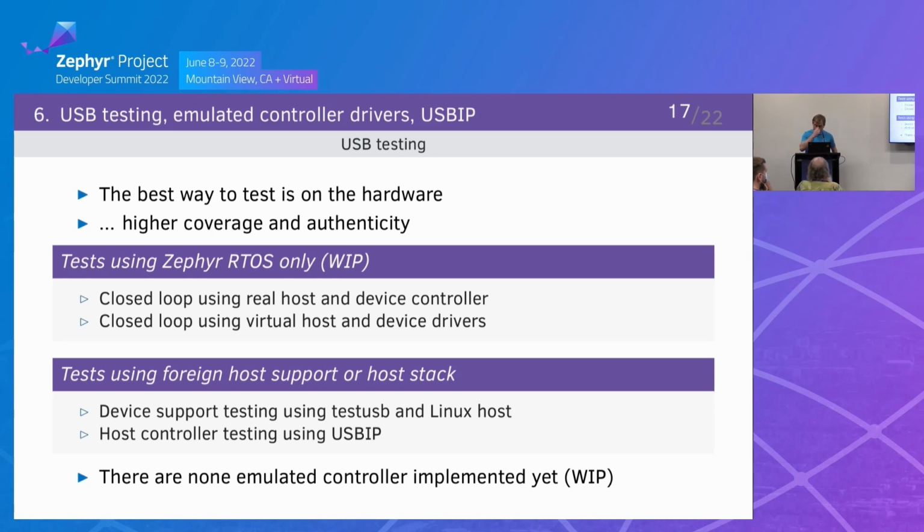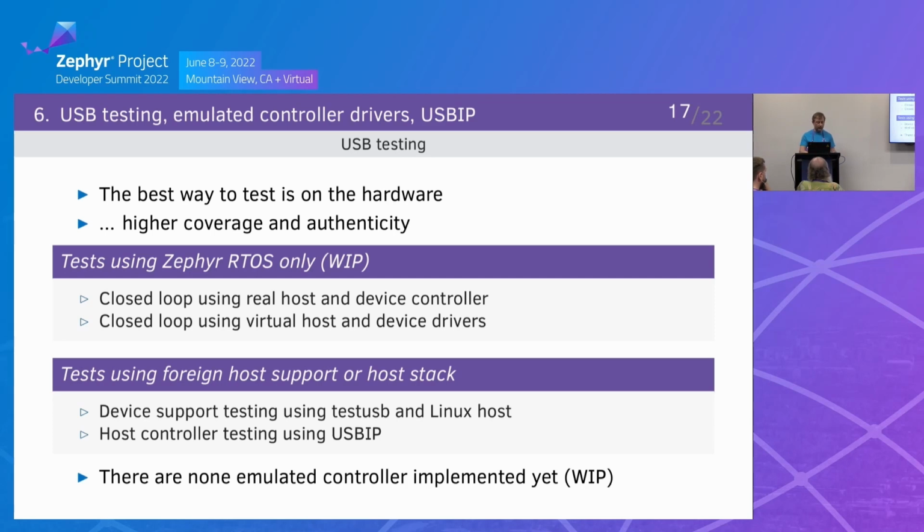But we need to fix that somehow, and the best way is to test on the hardware. It will provide the best coverage and show how that behaves. But we can't do that always. So the plan, or the idea, is to also test using virtual host on device drivers.